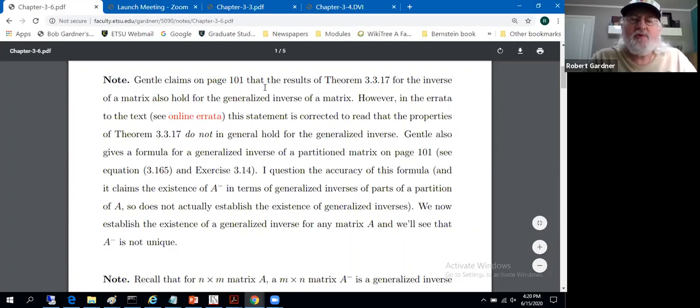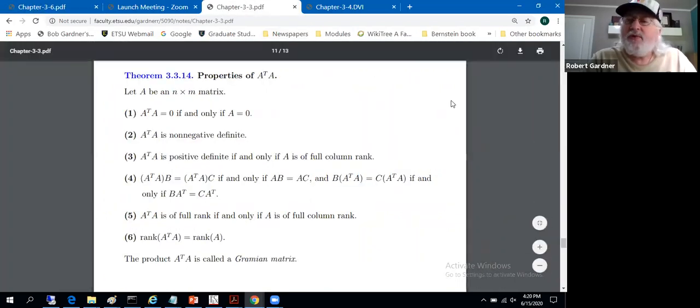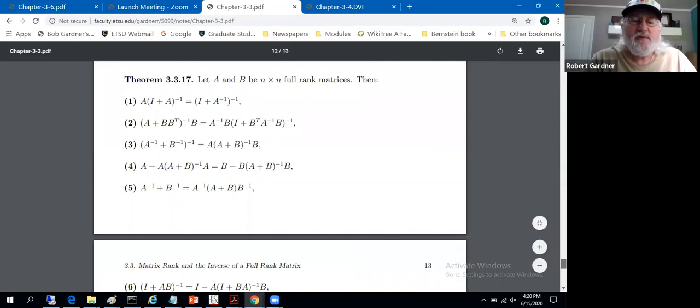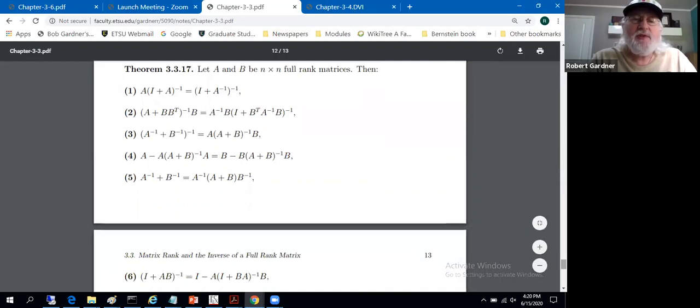Gentle claims on page 101 that the results of theorem 3.3.17, let's jump to 3.3.17, were some claims about inverses, just a bunch of claims about inverses. I think we left these as an exercise.